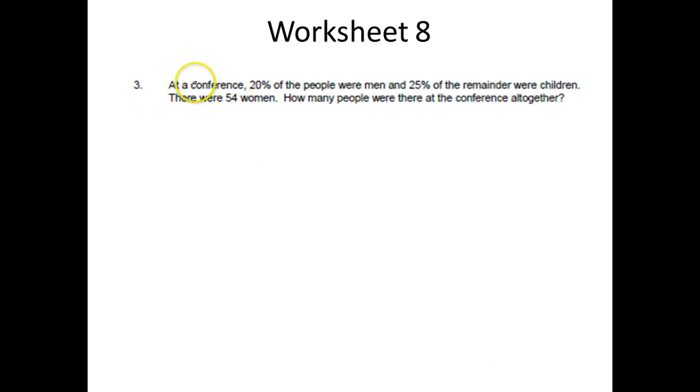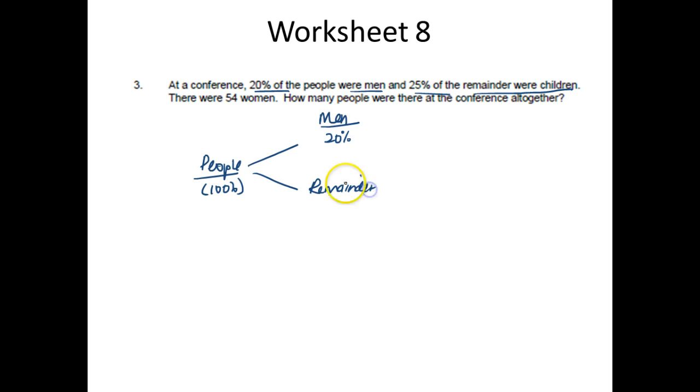Question 8, question 3. At a conference, 20% of the people were men and 25% of the remainder were children. So now I know the people is my 100%. Men, 20%. Remainder, 100 minus 20, 80%. 25% of the remainder were children.